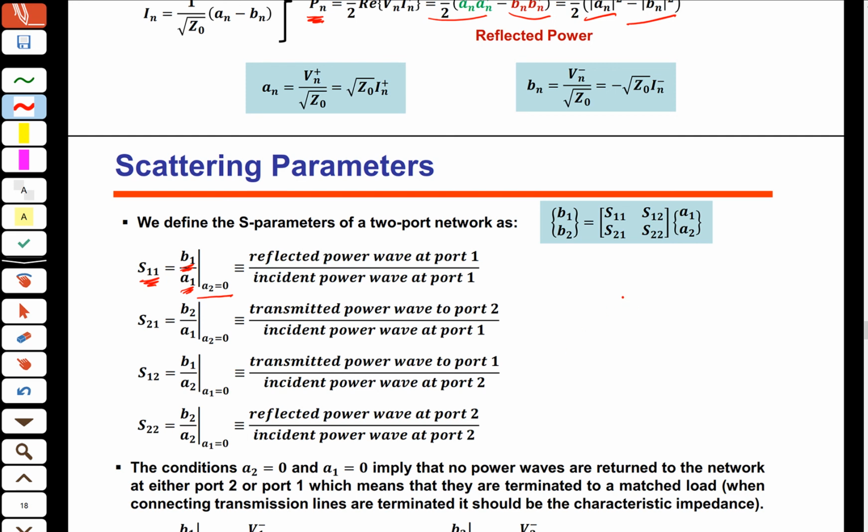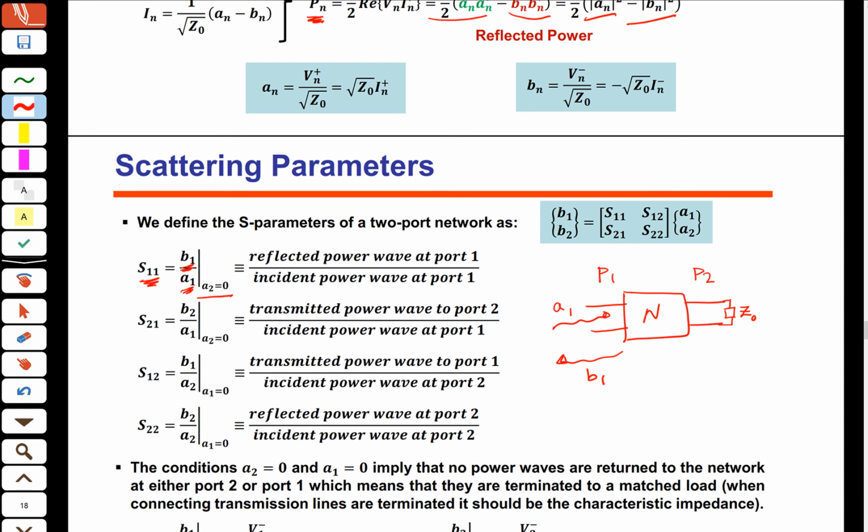So we have a two-port network. I transmit a power A1 and then I measure what comes back. If I want to make sure that nothing is coming from this port, I just need to match it.